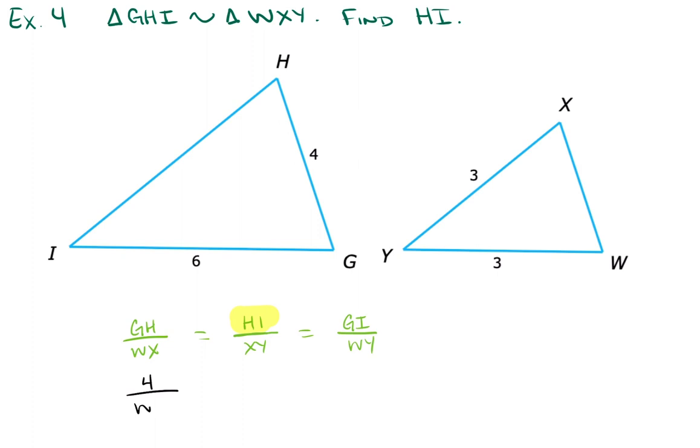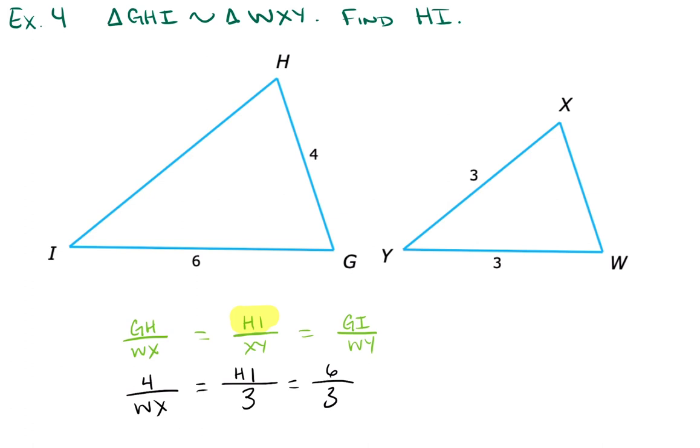WX, I'm not given that information, so I'm going to leave it as WX. HI is something that we're looking for, so we don't have it. HI is going to connect to XY, which is 3. And then the last one, GI, is going to be 6. And WY is going to be 3.